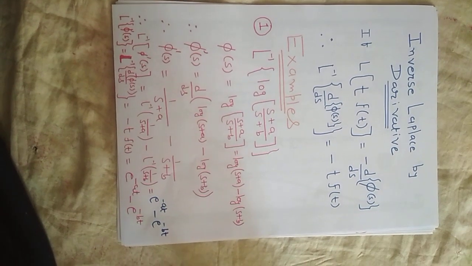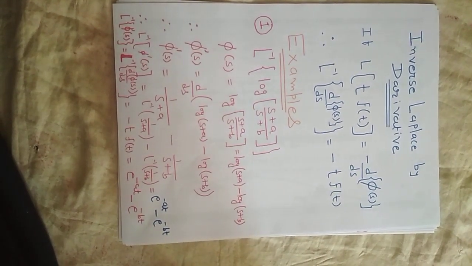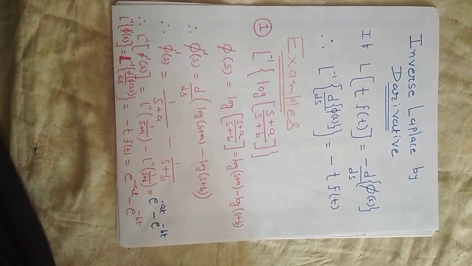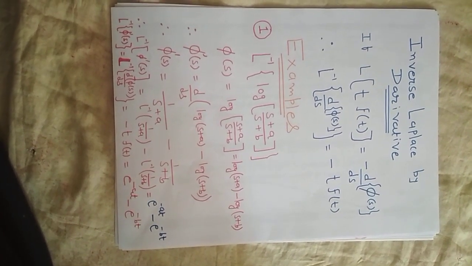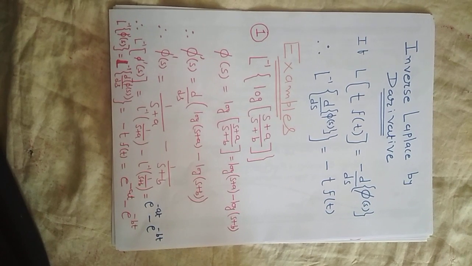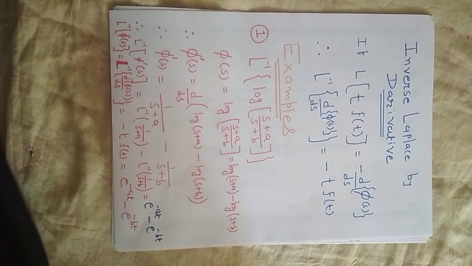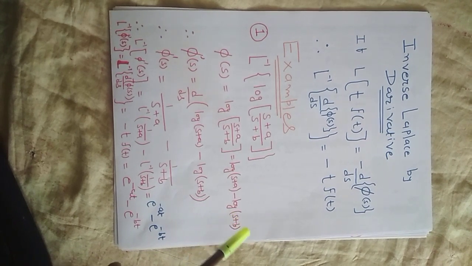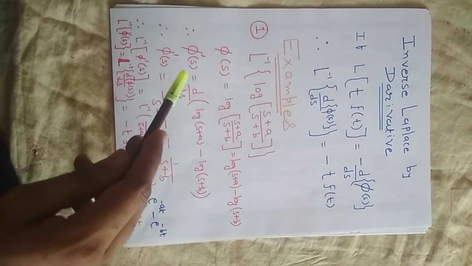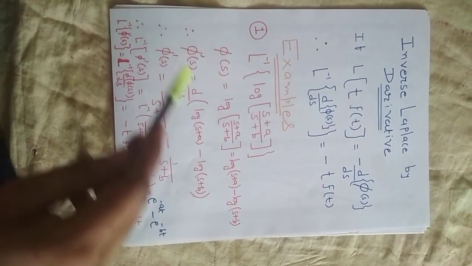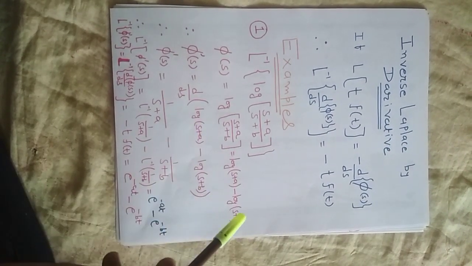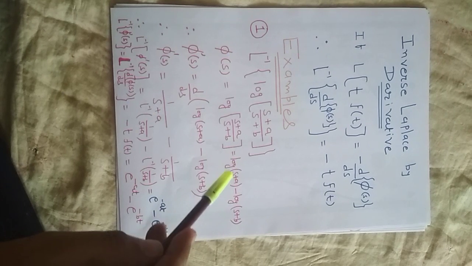First, we will take the first example, log of (s plus a) upon (s plus b). So phi of s is equal to log of (s plus a) upon (s plus b), which equals log of (s plus a) minus log of (s plus b). Now differentiate both sides with respect to s, because we don't know the inverse Laplace of this part.